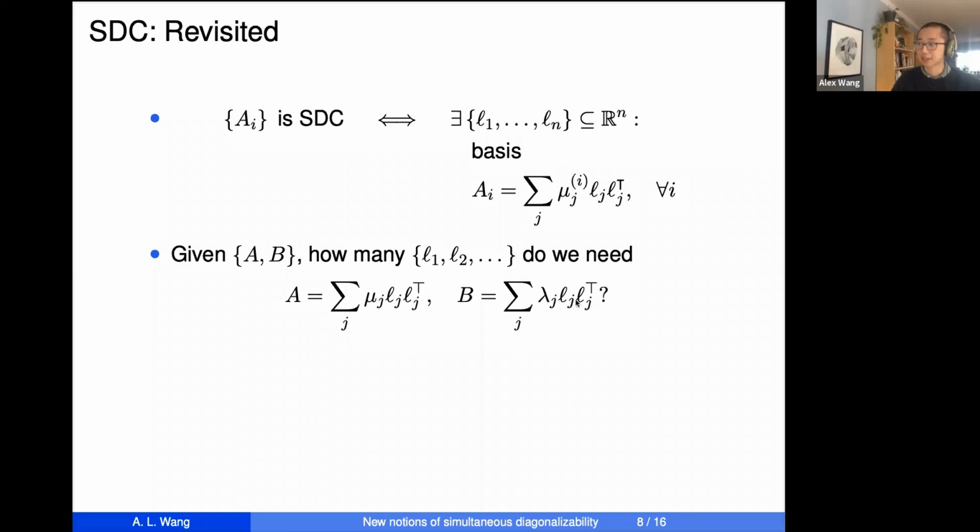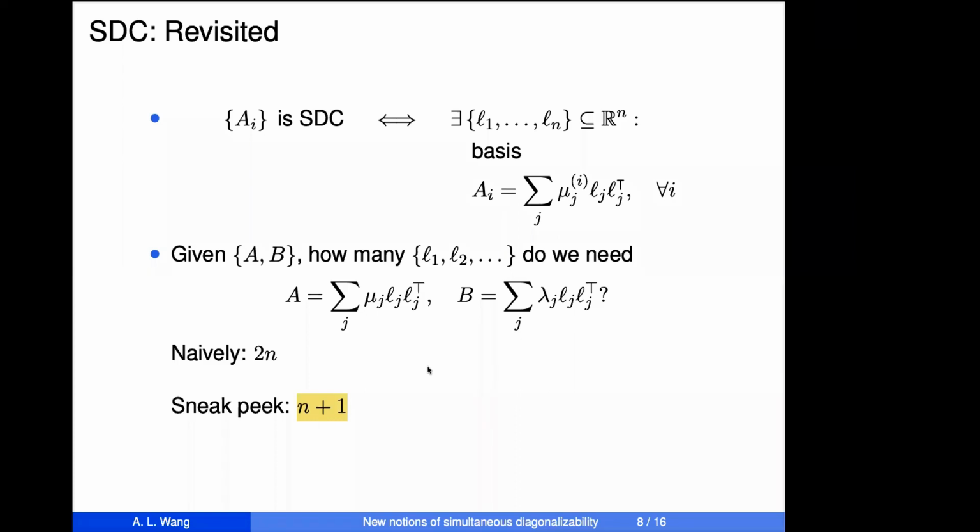How many do I need so that I can write A and B as a linear combination of these outer products? Naively, if we were to apply the spectral theorem to A to get one set of eigenvectors, and then again to B to get a second set of eigenvectors, we could answer 2n. 2n is obviously sufficient. And as a sneak peek of the remainder of the talk, we'll see that n plus 1 will suffice, almost always.